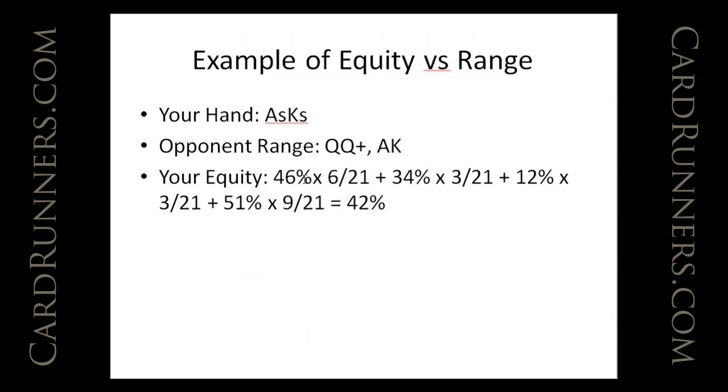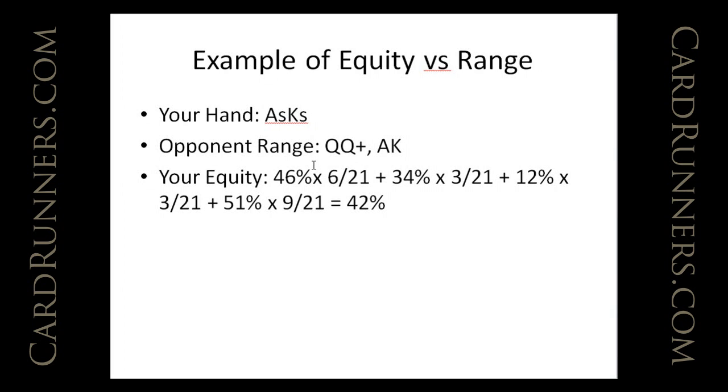Now we have to weight that 46% equity by how likely it is that he has queens. So there are going to be 21 total hand combinations in his range, which are going to be 6 of queen-queen, 3 each of aces and kings, given that we hold 1 ace and 1 king, and 3 times 3 or 9 ace-king combos, given again that we hold an ace and a king.